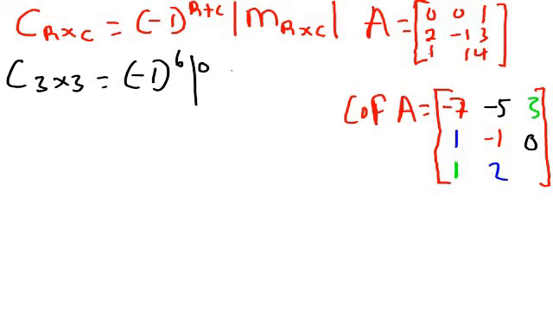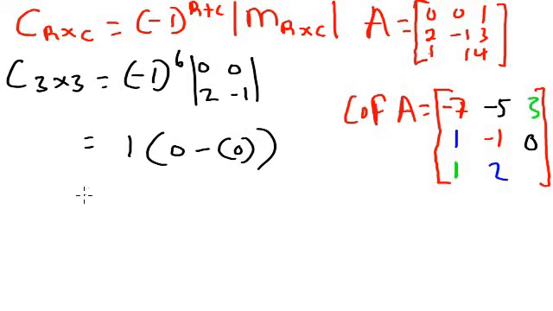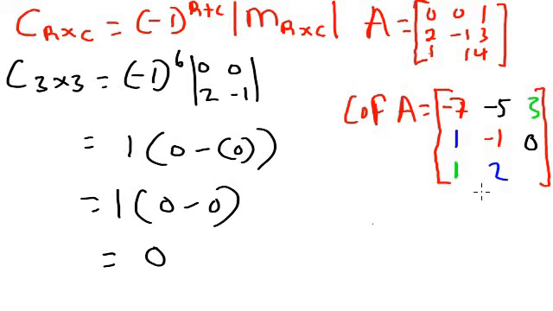That will be 0, 0, 2, minus 1. So that will be 1 multiplied by 0 times -1, that's 0, minus 0 times 2, that's 0. That will be indeed equals to 0. And that will be our final answer.